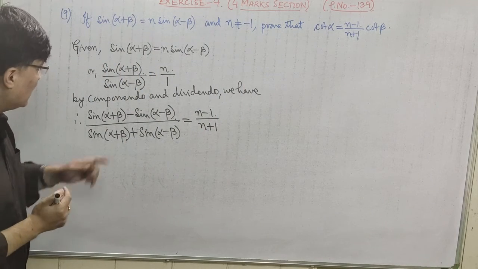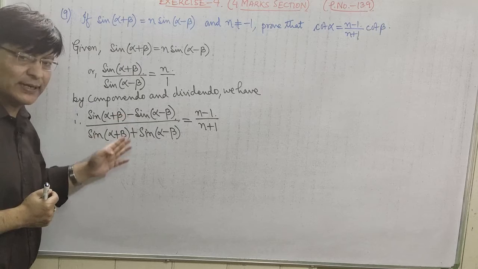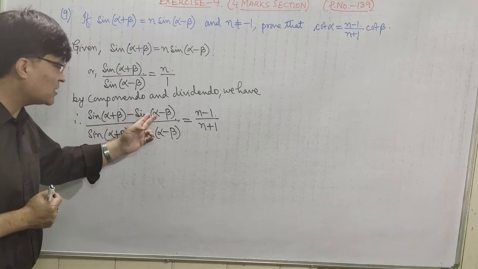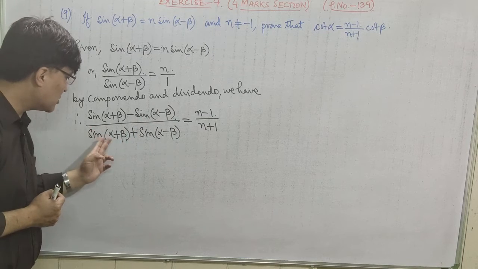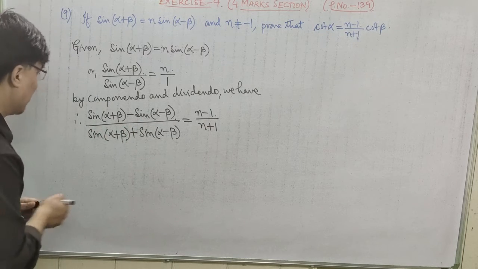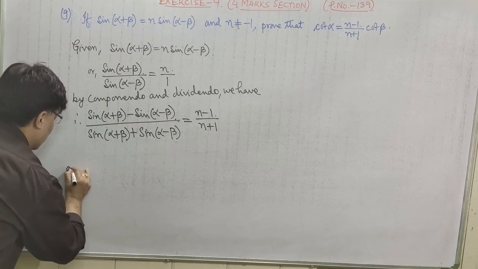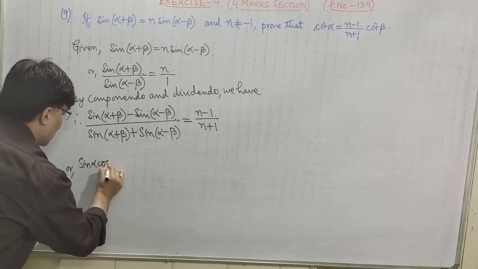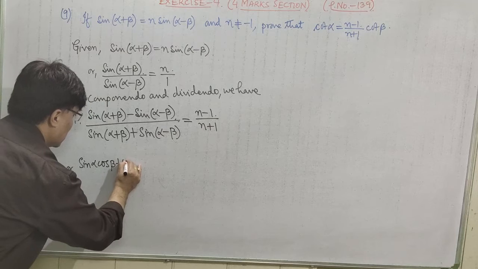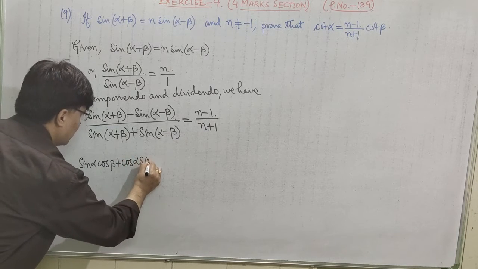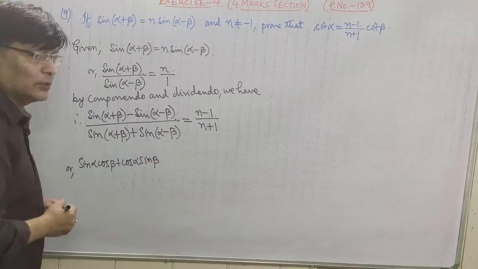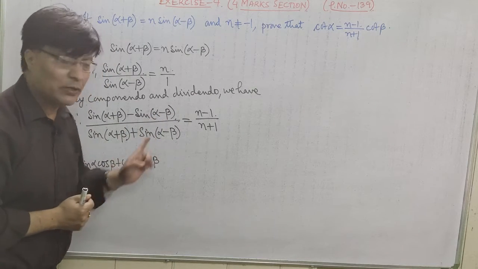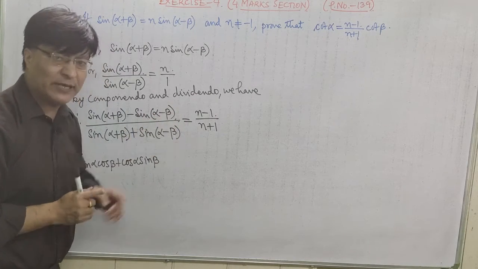Now let us simplify this numerator and the denominator. You can use the formula: this is sine of a plus b, this is sine of a minus b, this is also sine of a plus b, this is also sine of a minus b. So let us use the formula here. What is sine of a plus b? Sine alpha cos beta plus cos alpha sine beta. Now what about sine of a minus b?